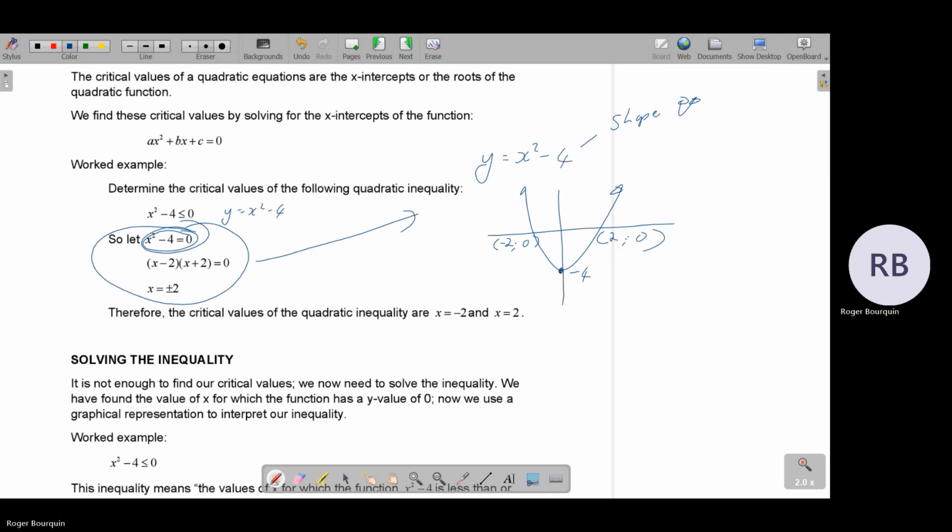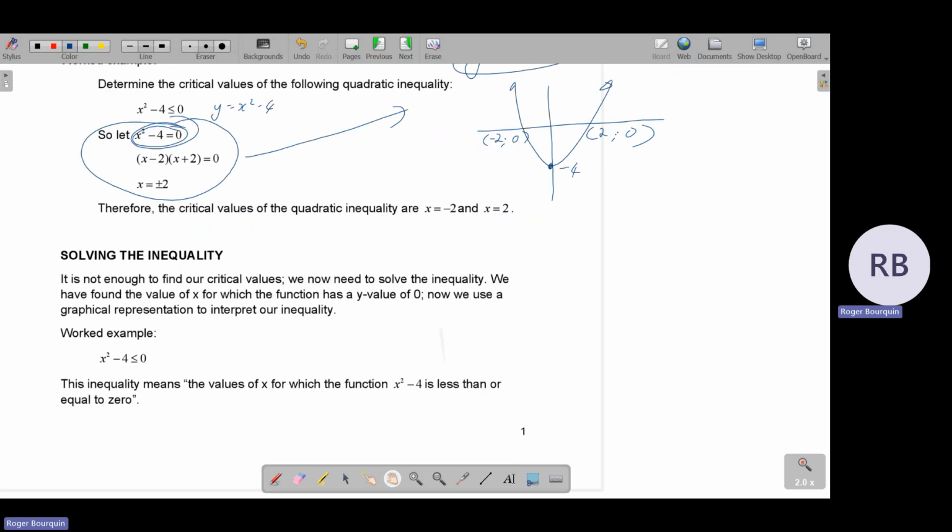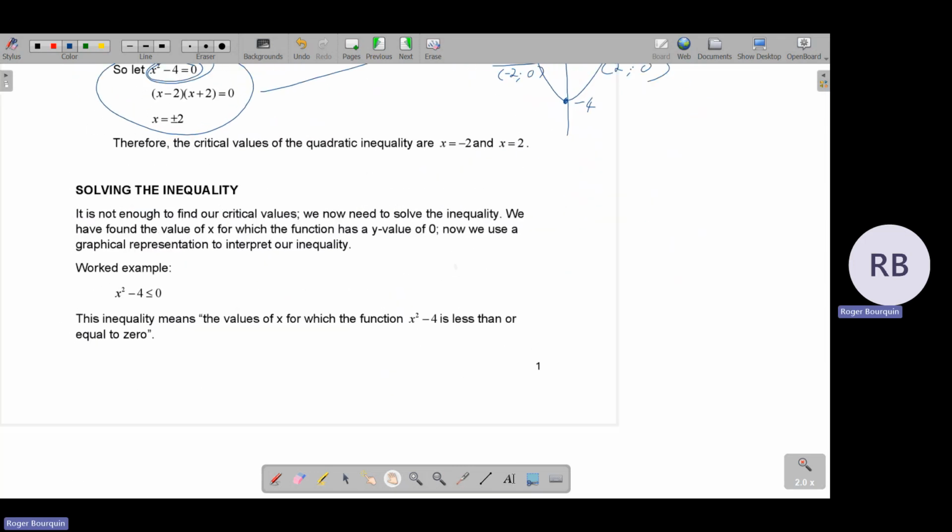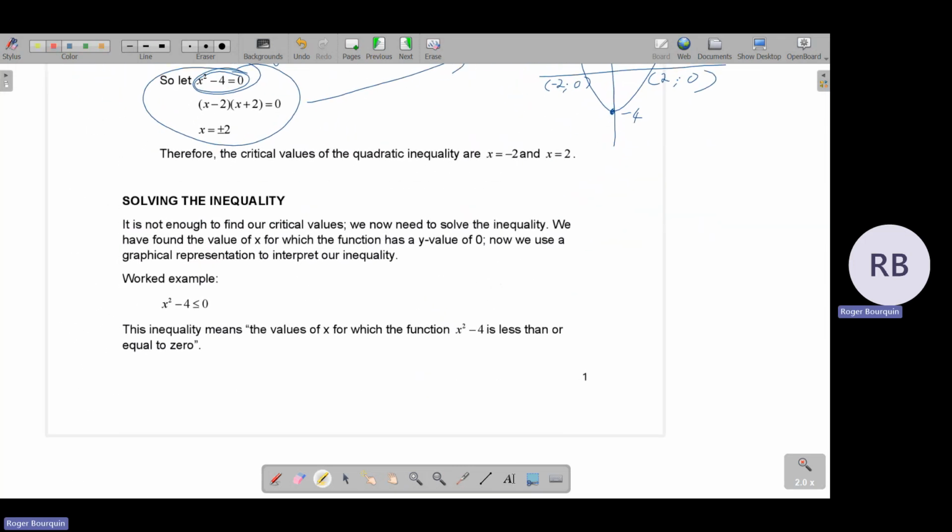Now, this is my graph over here, the graph of y is equal to x squared minus 4. Everyone happy with that? Along with me? Right, now, in this question over here, we've got to solve this quadratic inequality. The example is solve x squared minus 4 is less than or equal to 0.